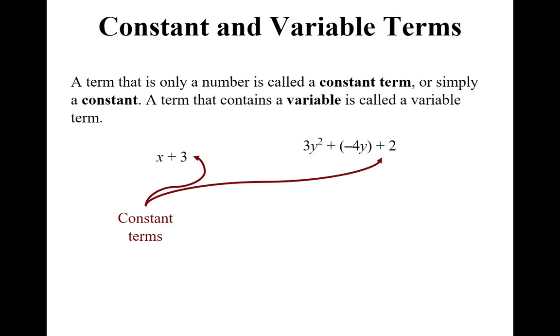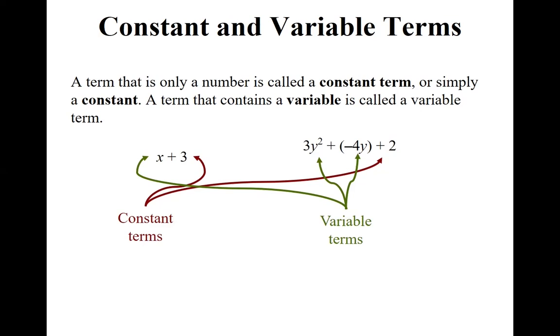The sign in front goes with it. So that is a plus 3 from the left. That is a plus 2 from the right. The variable terms would be x, 3y squared, and negative 4y. The terms that have variables in them.